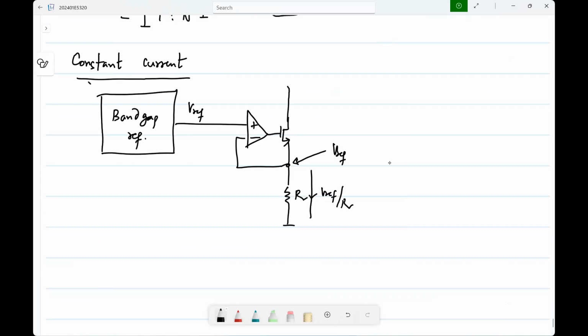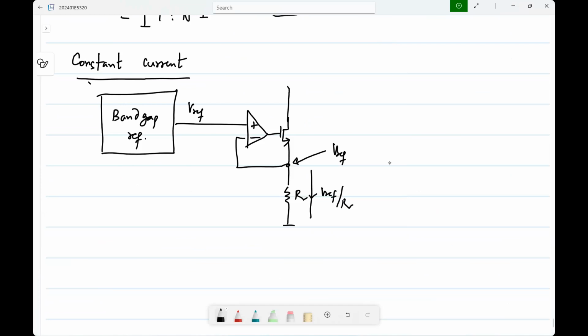So this is the problem with all current references. Unlike the bandgap voltage, so far as I know, there is no inherent constant current that is available in the device. So you have to somehow relate it to the constant voltage, which is the bandgap voltage. That means it will be some voltage by a resistor. Whatever temperature dependence the resistor has, it will show up.